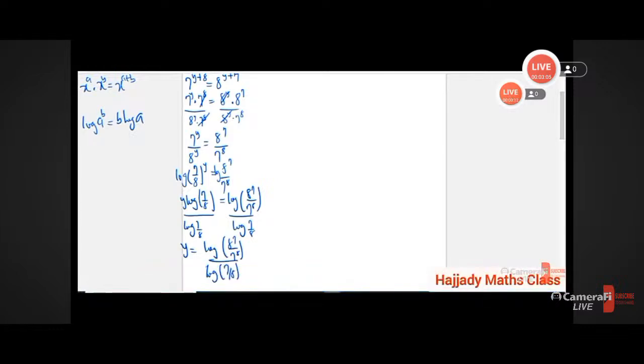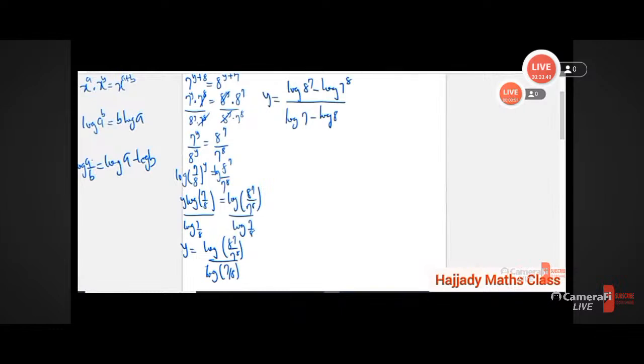I'm going to use another law of logarithm that says log a divided by b is the same thing as log a minus log b. So for the numerator I'm going to have log 8 raised to power 7 minus log 7 raised to power 8. For the denominator, the same rule will be applied, so here I'm going to have log 7 minus log 8. That is what my value of y equals.